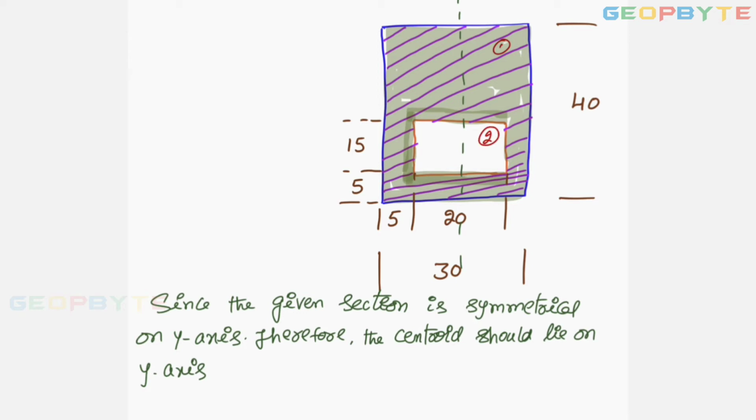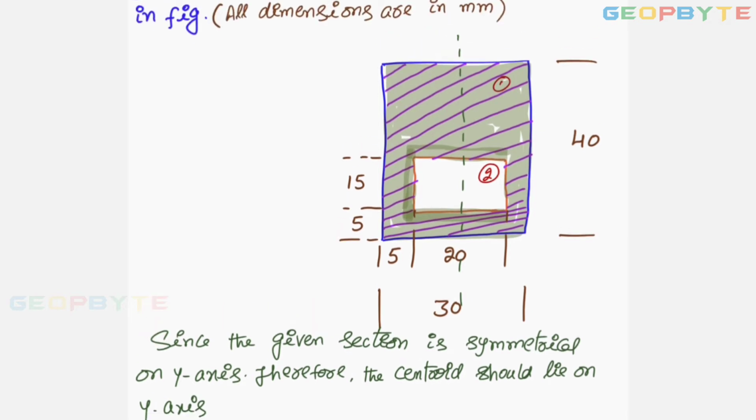For section 1, a1 equal to breadth multiplied by depth, because section 1 is a rectangle. 30 multiplied by 40, it is equal to 1200 mm square. a2 equal to, section 2 also a rectangle, breadth multiplied by depth, 20 multiplied by 15, it is equal to 300 mm square.